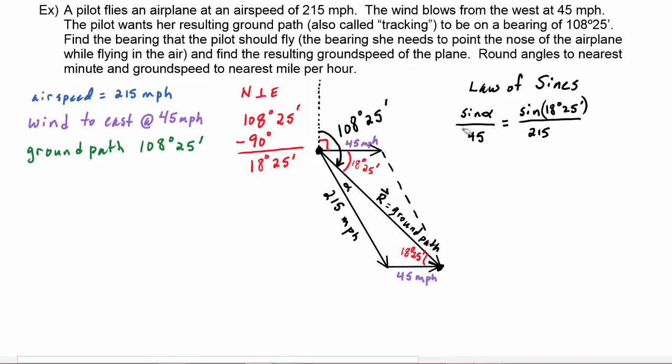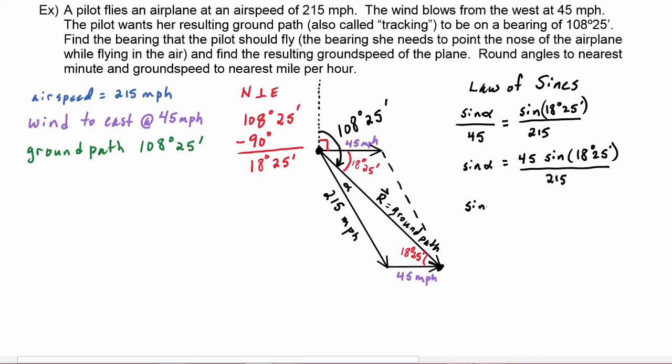Cross multiplying the 45 up to the right-hand side, we get sine of alpha is equal to 45 times the sine of 18 degrees 25 minutes divided by 215.